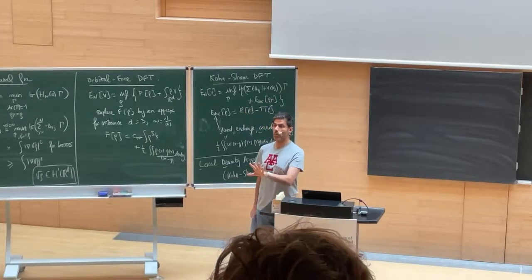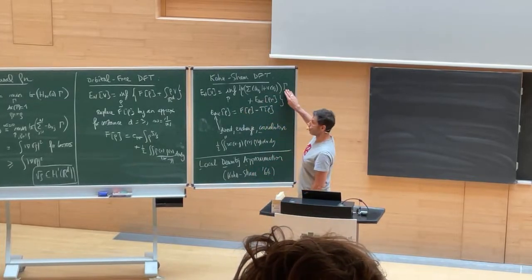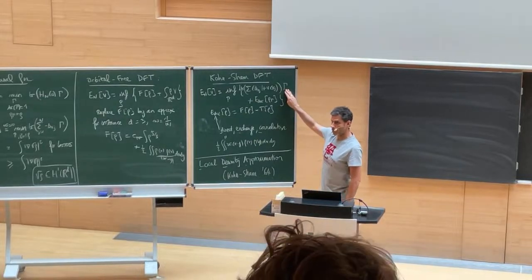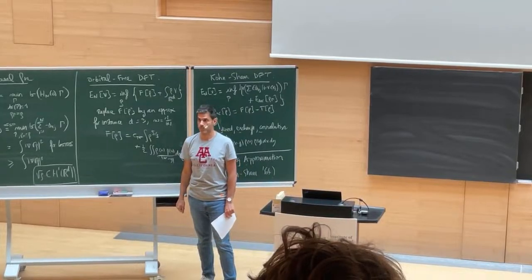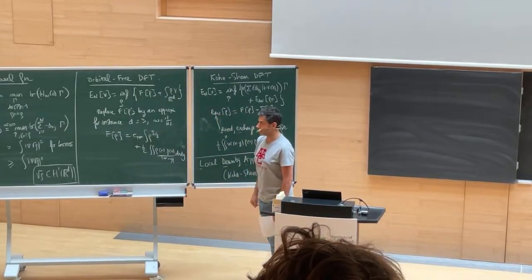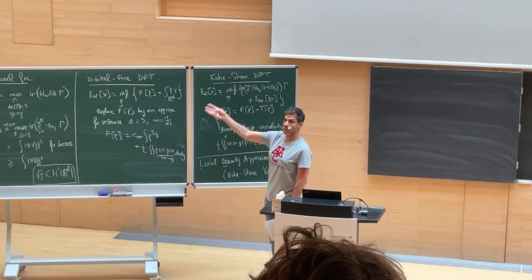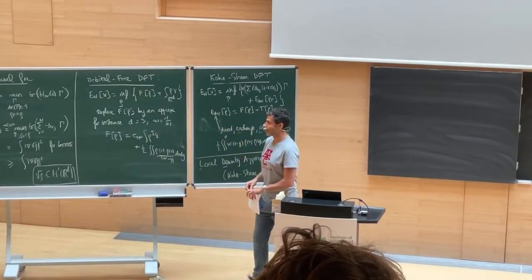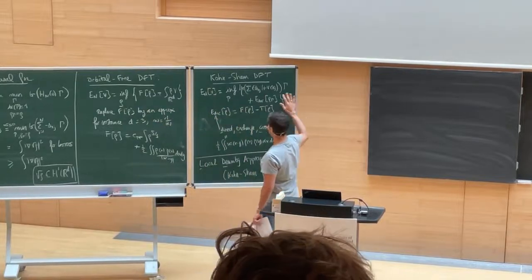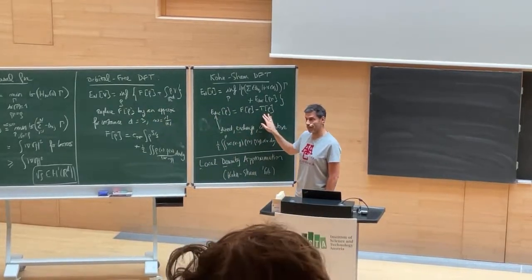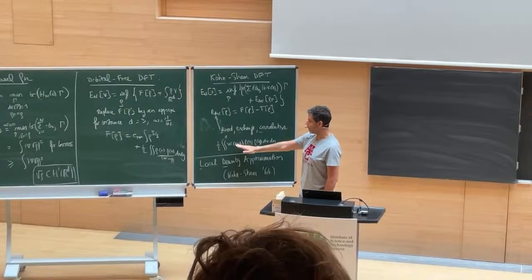So you really have orbitals, because you're optimizing over an operator. And here you don't have any orbitals, your variable is just rho. That's the difference. Of course, you get the same result, but it's not the same to approximate F here, or to start from here and approximate F minus T. Which you see immediately, right?